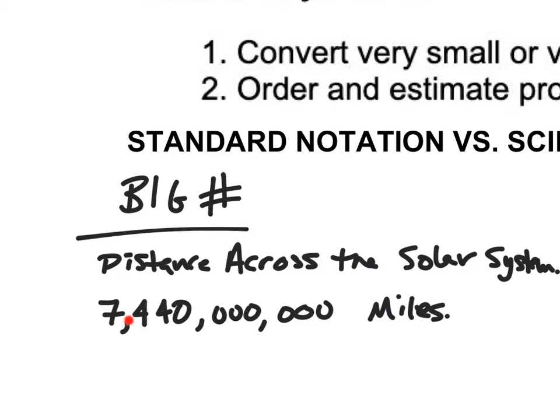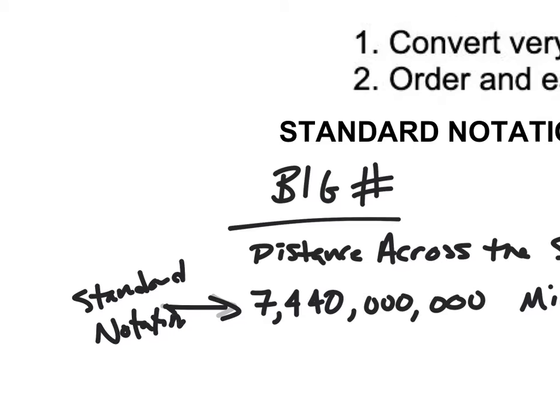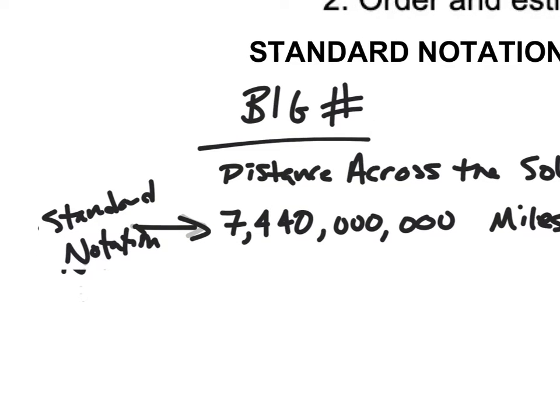This has 10 digits associated with this number, okay? And this is in standard notation, okay? So I'm going to write that over here. That this is standard notation, okay? And that's just how we typically write numbers, all right?